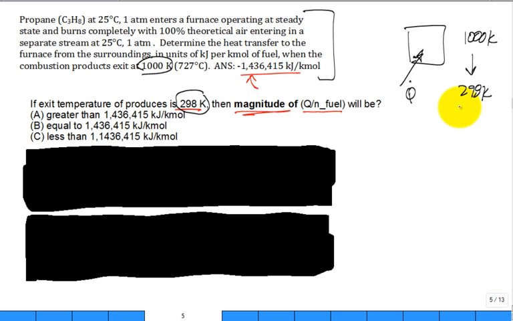Isn't it colder coming out than what it used to be? So if somebody said, okay, if the exit temperature of the products is 1,000, which would be the right answer? It would be equal to. But now the question is, it's going out at a lower temperature, 298, so is it going to have a smaller amount or a greater amount?